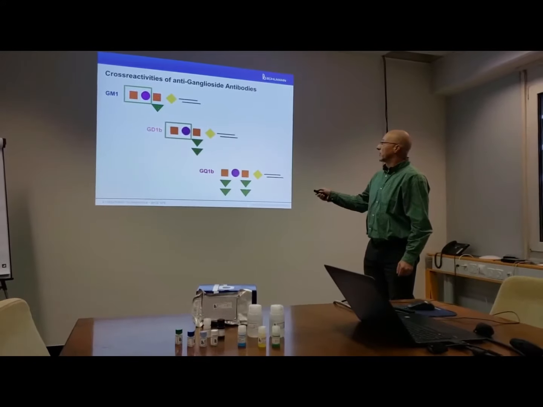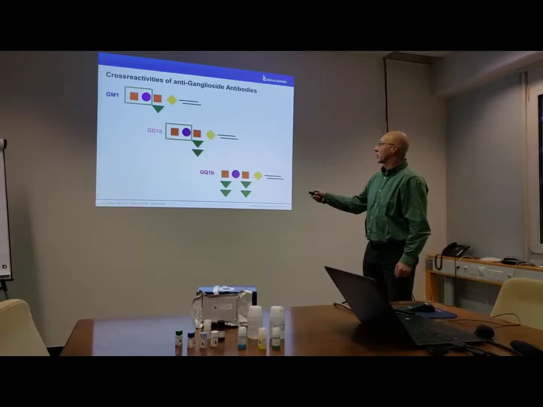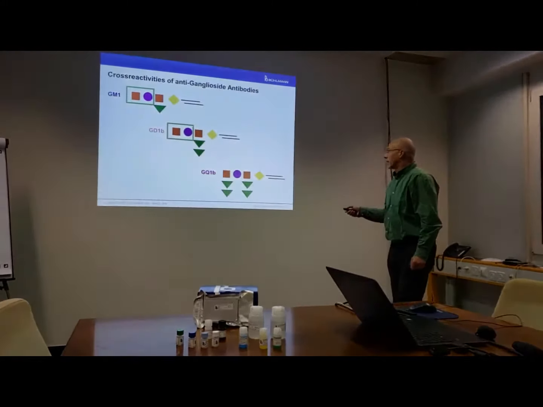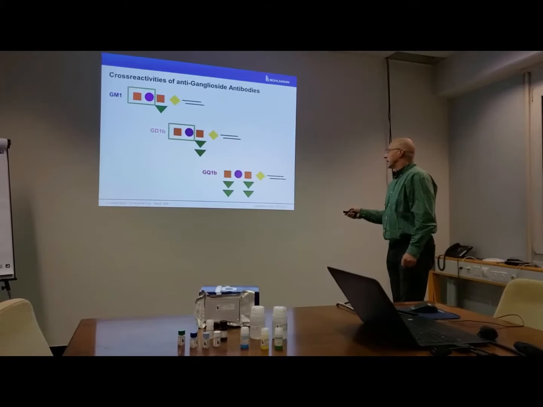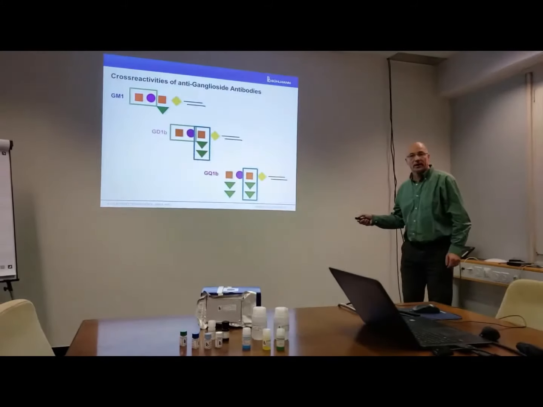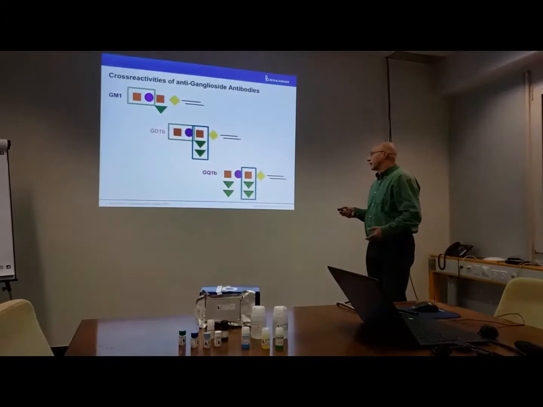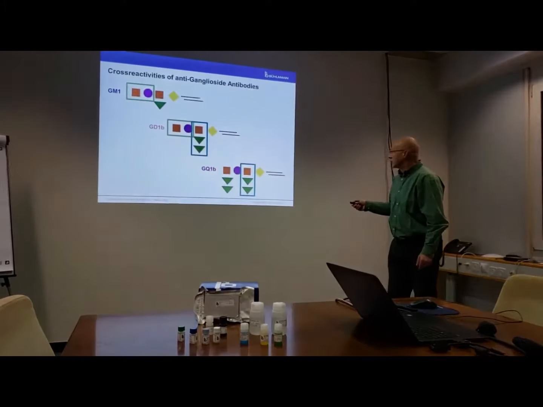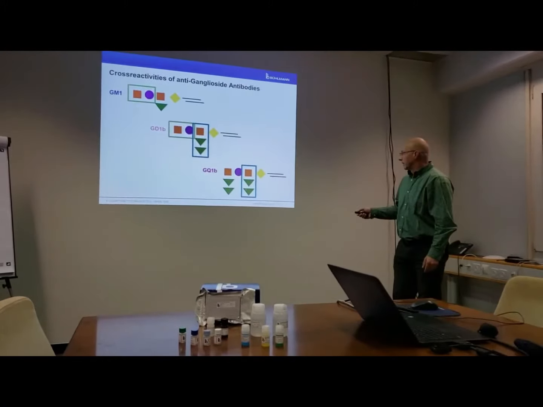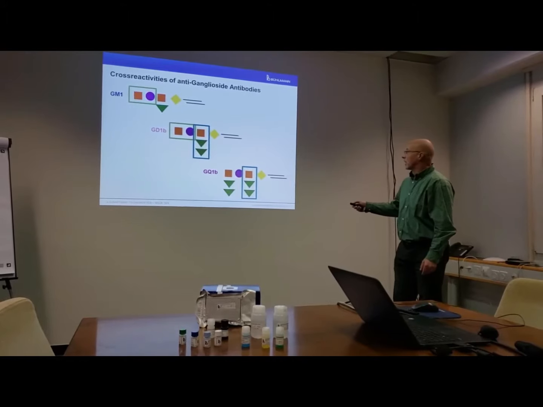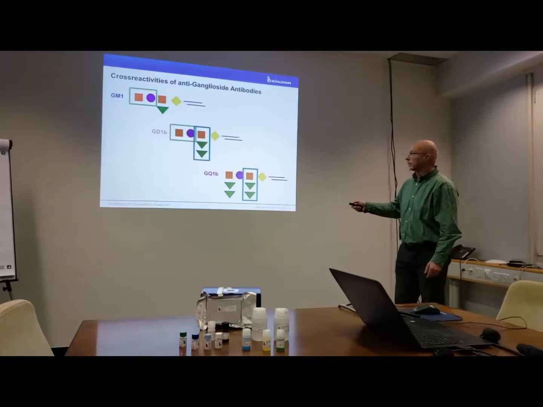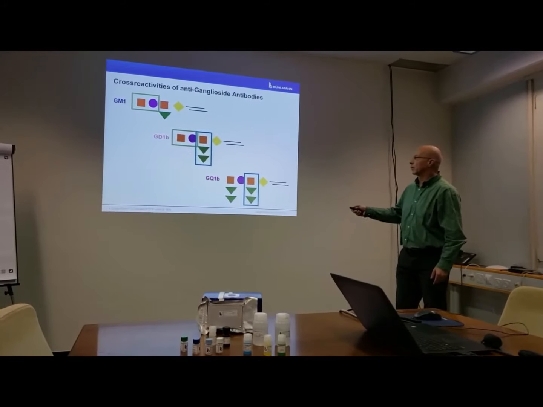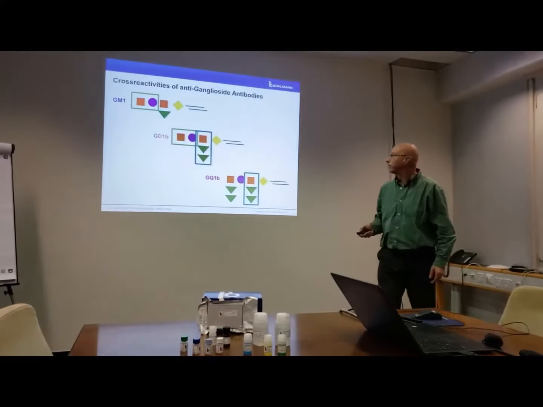GD1B shares some similar structures with GM1 and may cross-react with GM1. And finally, GQ1B is the most specific ganglioside and is related to a very specific syndrome, which is the Miller-Fisher syndrome. GQ1B has some structures similar to GD1B. So GQ1B is expected to cross-react with GD1B occasionally.